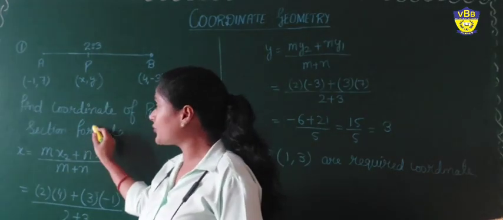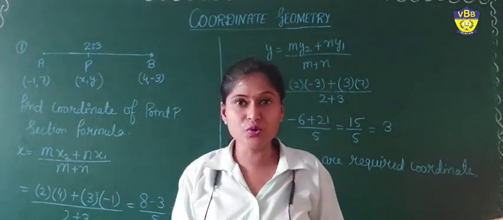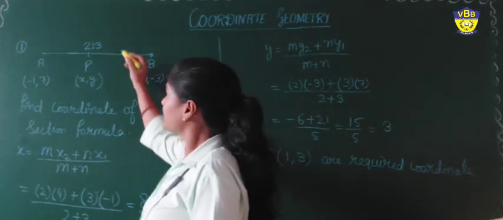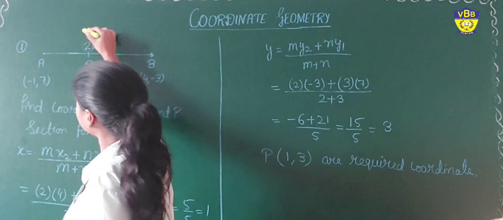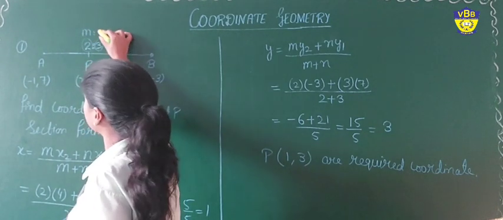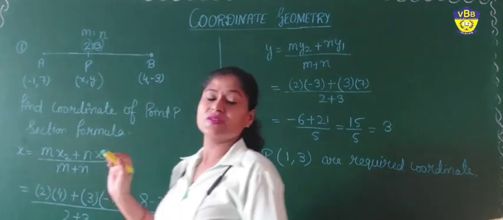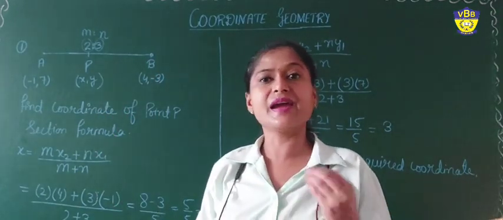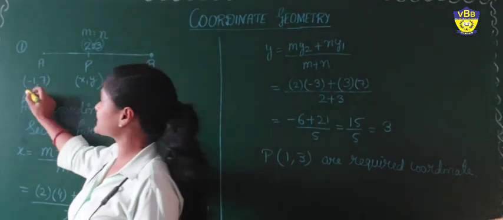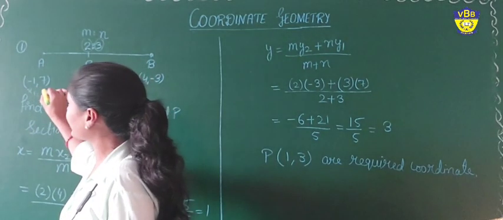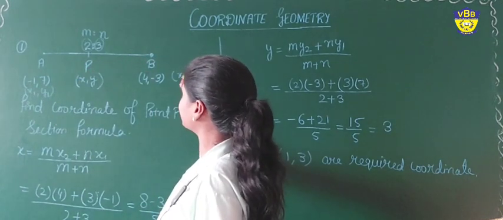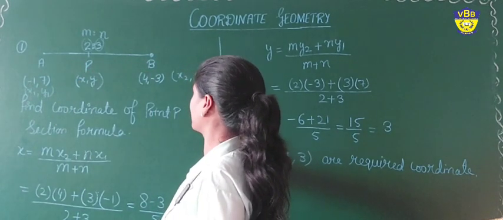For finding the coordinate you will use the section formula. What is it? This ratio is called m and the second is n. The first one is represented by m and the second one is n. A is represented as (x1, y1) and the B coordinate is represented as (x2, y2).